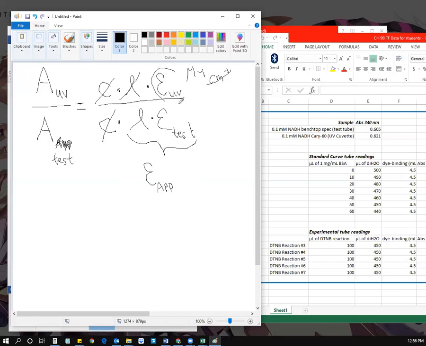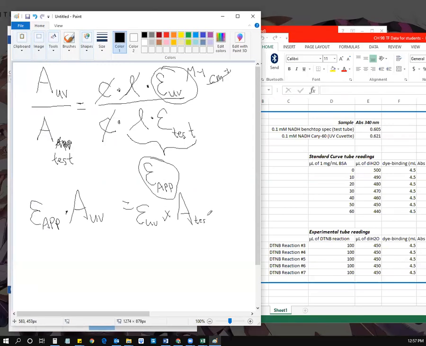Remember that the only variables that we have left on this side is the UV extinction coefficient and also the apparent extinction coefficient here. So I'll just cross multiply everything here. And over on the left side, I'll have the apparent extinction coefficient multiplied by the UV absorbance value equals, and then the other cross multiplied product is going to be the UV extinction coefficient times the absorbance of the test tube.